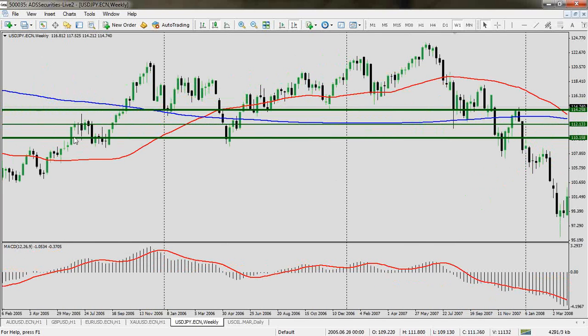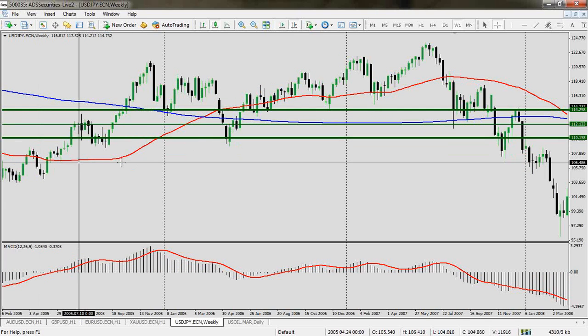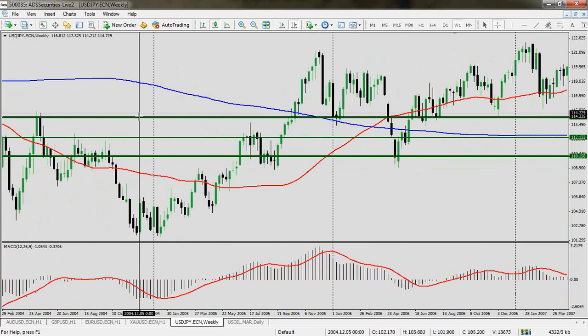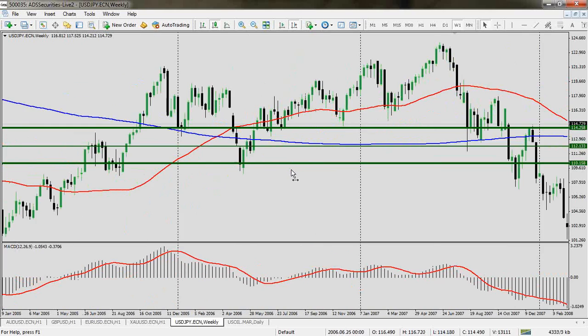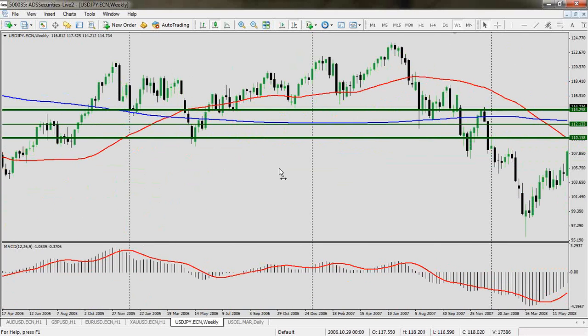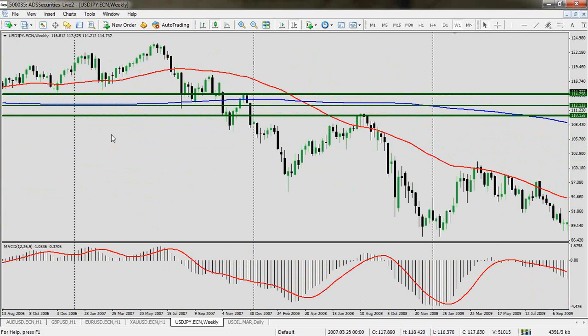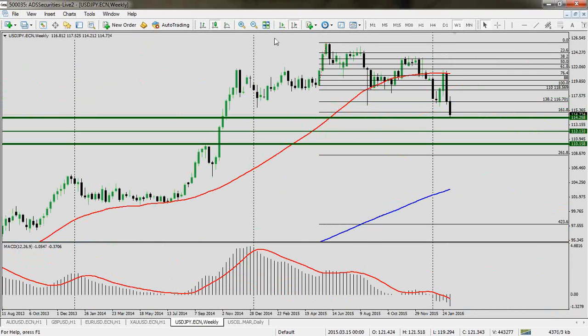Each time the pair touched the 110 level, it was either resisted or got its most important support. And the same went for the 114, 115 level. Each time it was tested, we had a reversal or a market continuation if broken above. So therefore, we will be looking for these levels.